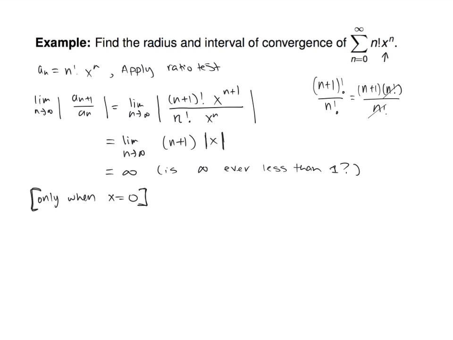Okay, so only when x equals 0, that means your radius of convergence, how wide is your interval? 0, because it's not wide. And the interval of convergence is just that one number for which the series converges. It's just 0, or you could just say x equals 0 only. Either is fine.